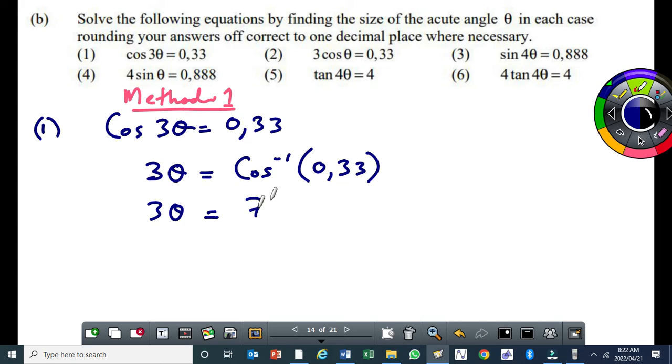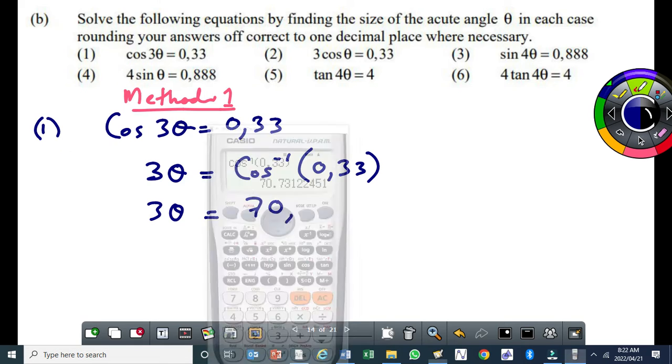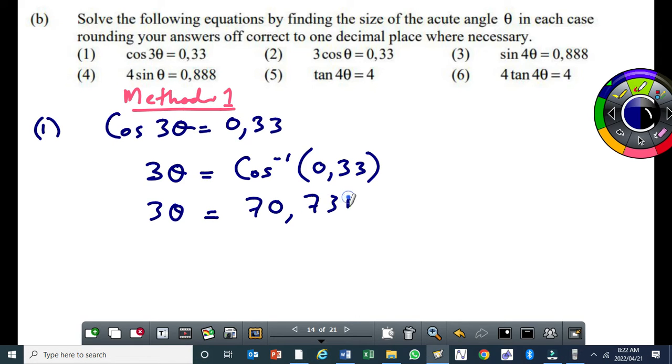So this will be 70,731. By putting those dots, I'm saying there are other digits after that one there. Then you divide both sides by 3.